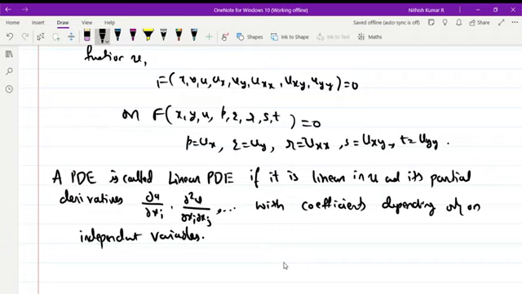So linear PDE, if it's linear in u and its partial derivatives with the coefficients depending only on independent variables. So let's take an example.